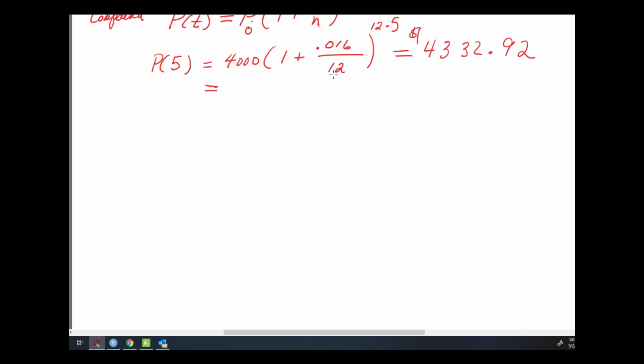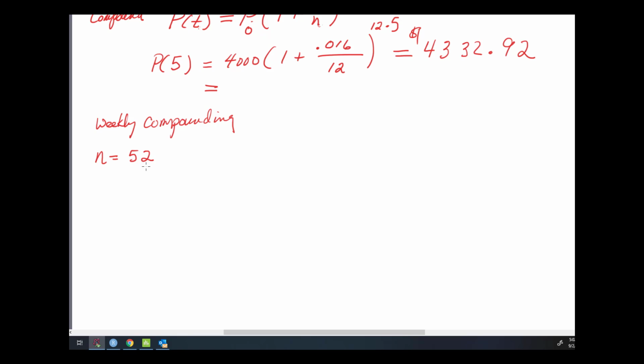So I'm going to advertise that I'm doing weekly compounding. And if I did that, well, really all that changes is n becomes how many weeks in a year? 52 instead of n equal to 12. And so my formula would change accordingly.